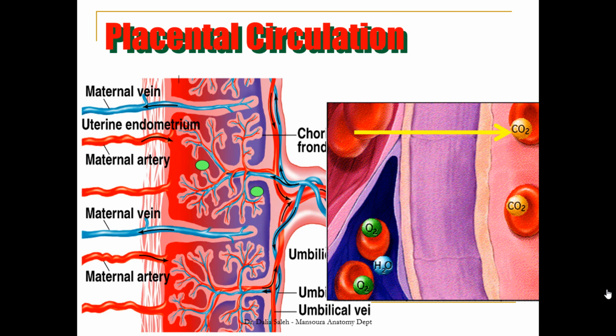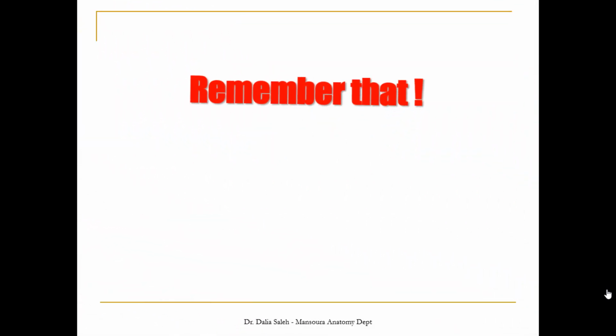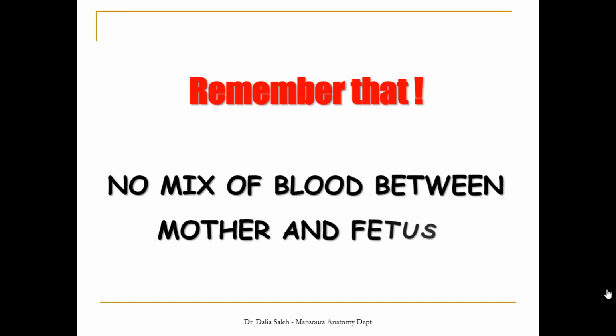The non-oxygenated or less oxygenated blood will be picked up by the maternal vein back to the mother's circulation. Remember that there is no mix of blood between the mother and the fetus.